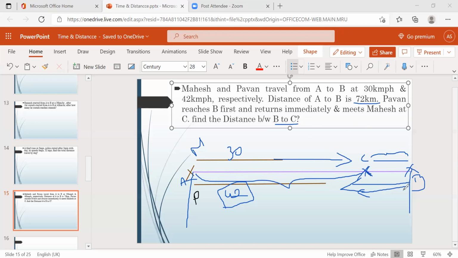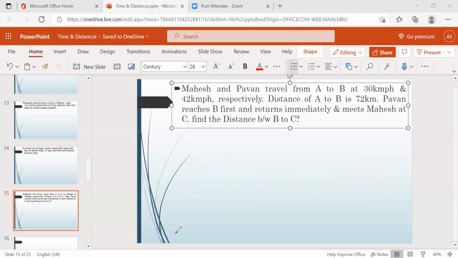If we find AC, then total distance minus AC gives BC. So the AC formula is 2 into AB, where AB is the given distance, into a by a plus b.